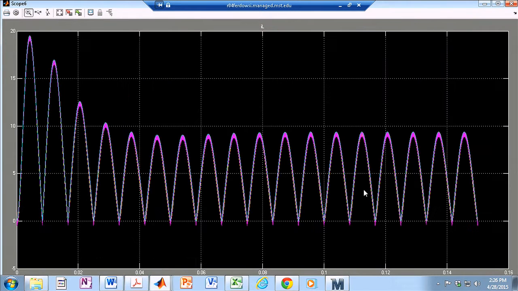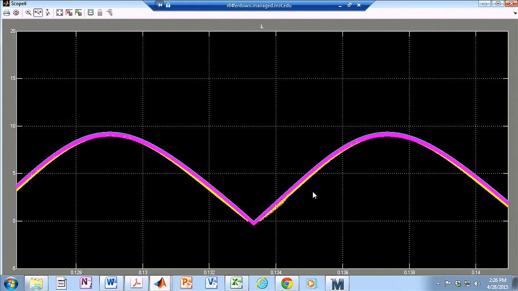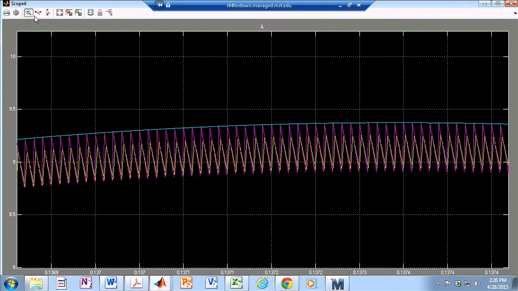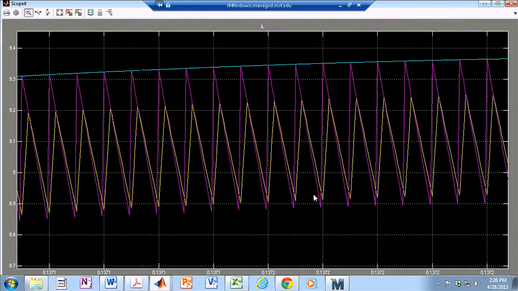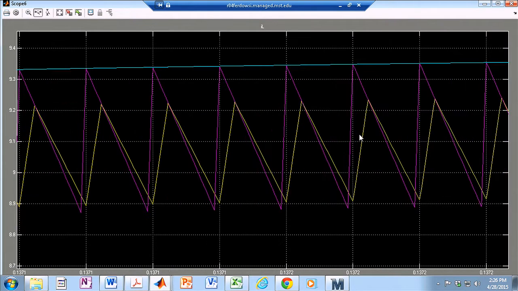Okay, the way the peak current controller is operating is, let me zoom in. Let me zoom in on an area where we don't have any significant problems. Let me just zoom in further. So the blue trace is my reference for the inductor current.